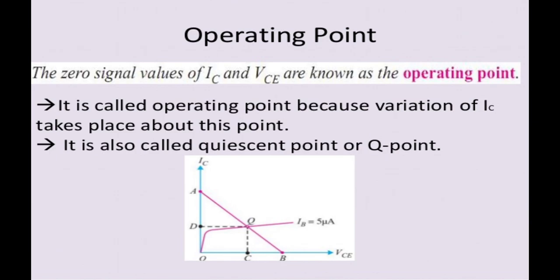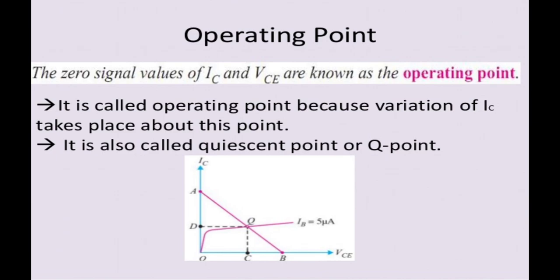The types, PNP and NPN, are based on formation. Next is its working. It operates in 3 regions: cutoff region, saturation region and active region.